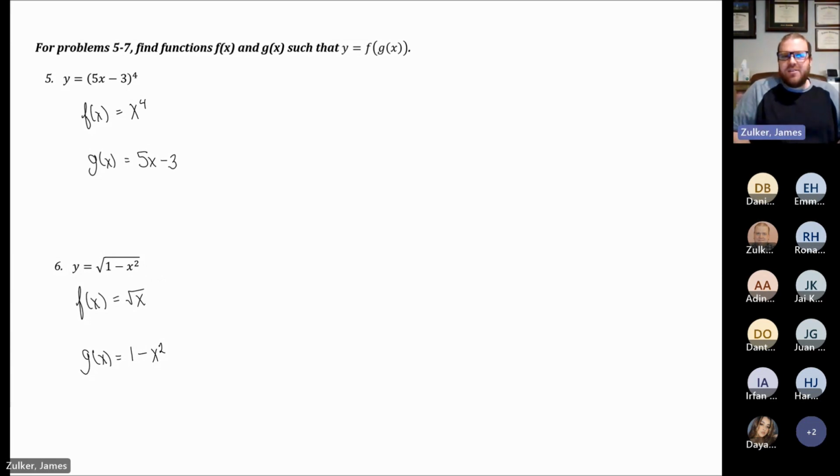In this case, what's under the square root? It's 1 minus x squared, right? So that's what I set my g of x to be. Then f of x is the outer function. So what are we doing to g of x? We're taking the square root. So that's how I get square root of x.